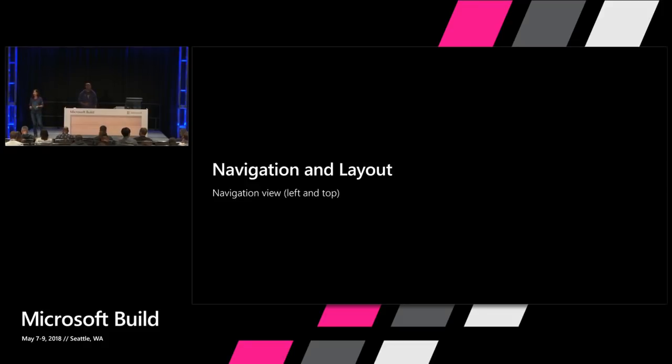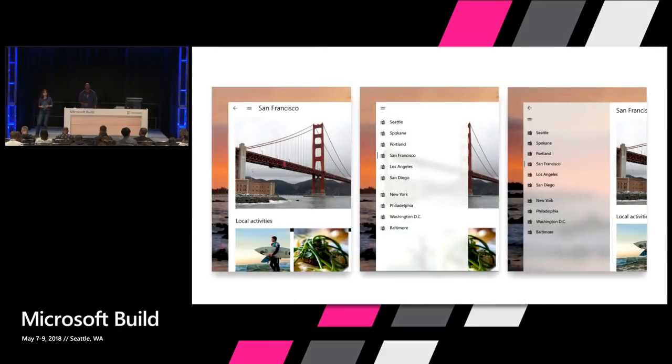And if you have been following Fluent, you must be familiar with the navigation view control. If you haven't been following, or you don't know about navigation view control, you should be familiar with hamburger control. For those of you who are enterprise developers in the audience, probably are very familiar with the side navigation that applications like File Explorer use that existed long before the hamburger button came about.